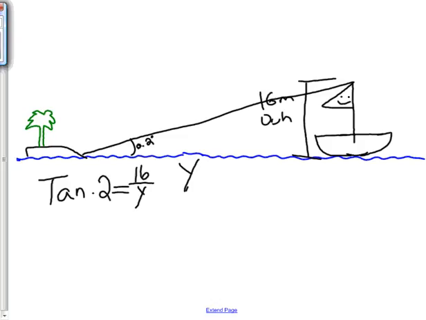So cross multiply: tan 0.2 times Y equals 16. And now we want to get Y by itself. How do we do that? Divide by tan 0.2 on both sides.